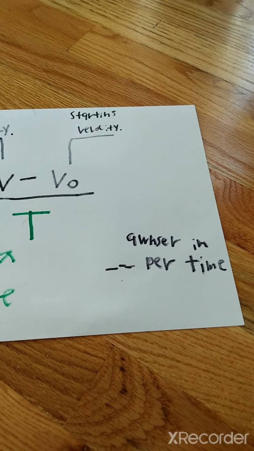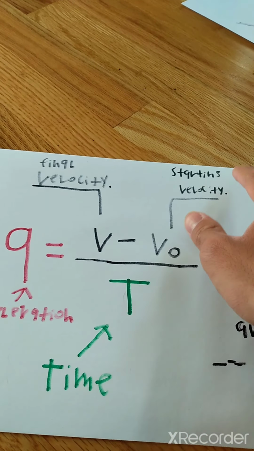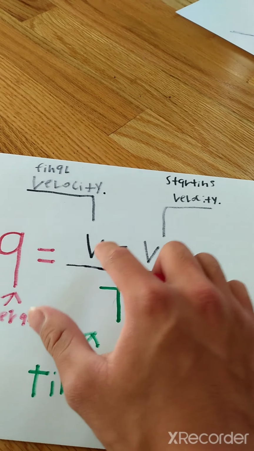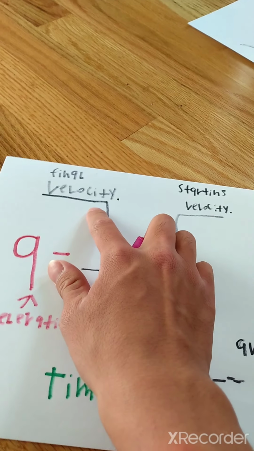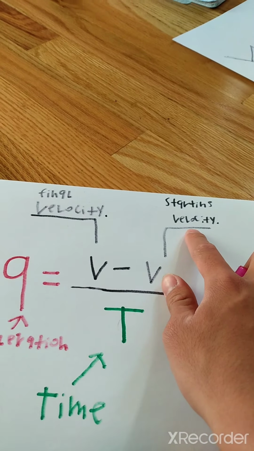The reason we say the difference of the final velocity and the starting velocity is because, imagine the final velocity being a slower speed than the starting velocity. Acceleration not only talks about going faster and getting up to a higher speed, but it also talks about slowing the speed down.